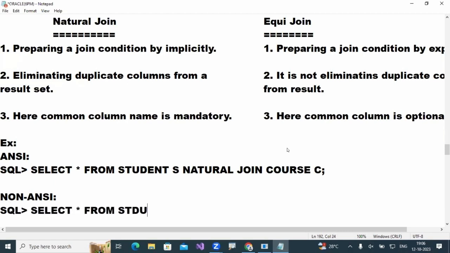Select star from student S, course C where S.CID equals C.CID.